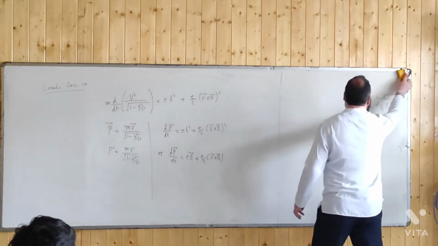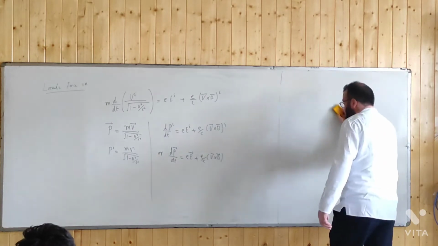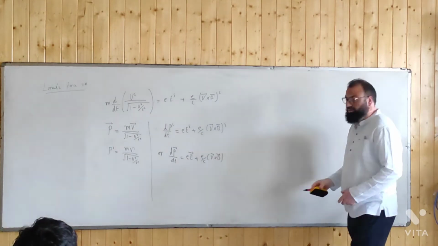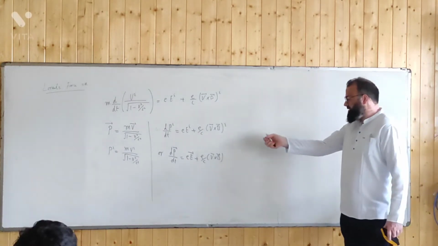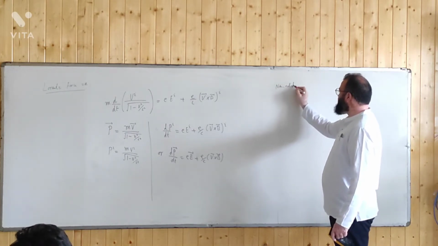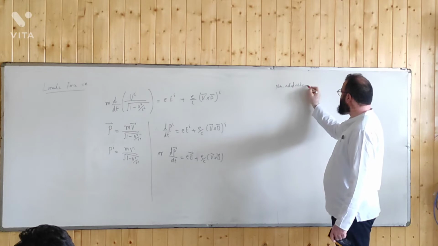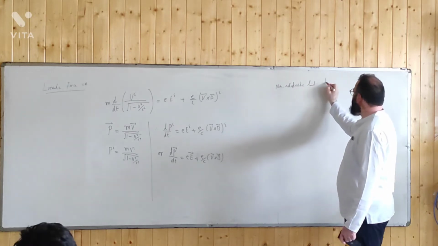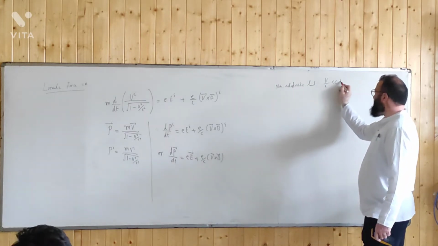Now let's take the non-relativistic limit. This equation is valid for both relativistic as well as non-relativistic cases, you will see it. So in the non-relativistic limit, v by c is small.